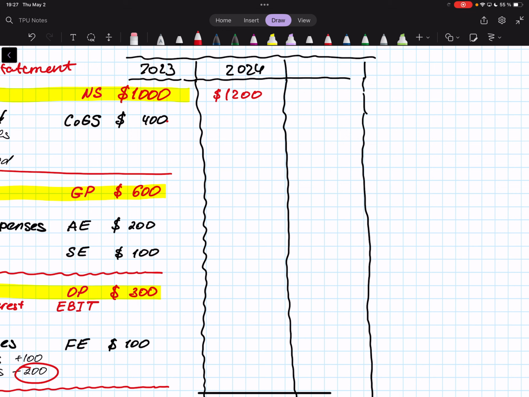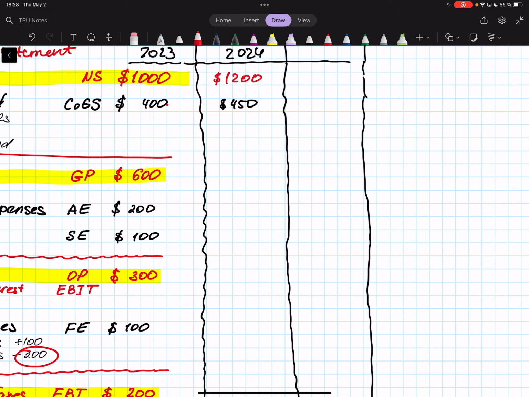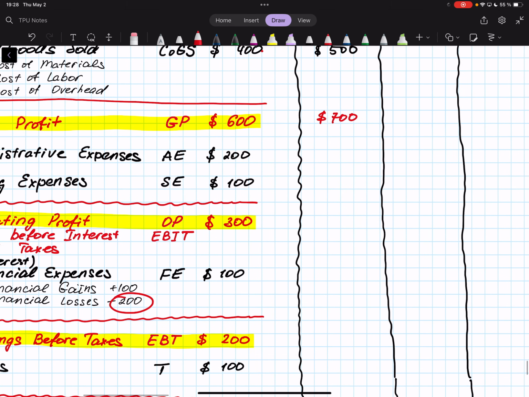Okay, and the cost of goods grew up to 450, which will give us the gross profit of how much? Hold on, wait a second. Well, not 450, let's make it 500 so that it will be easier to calculate. $700. Well, rubles.